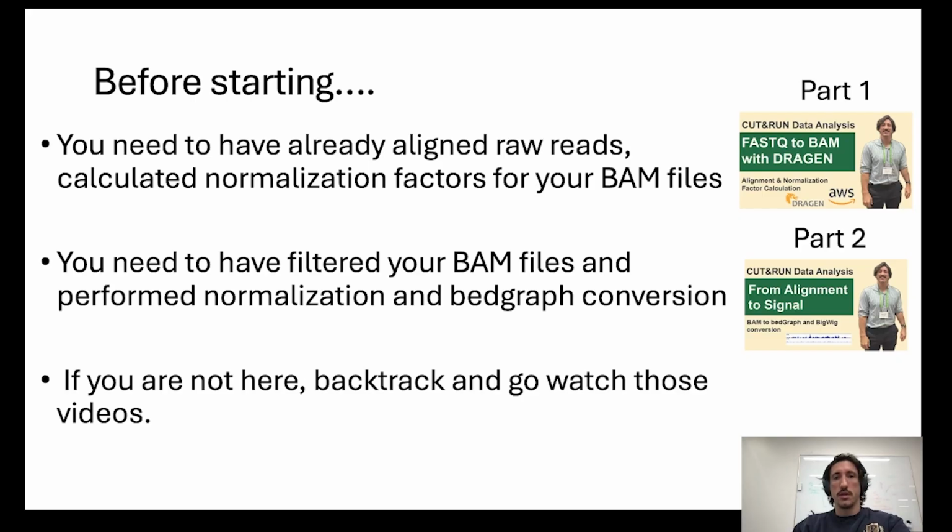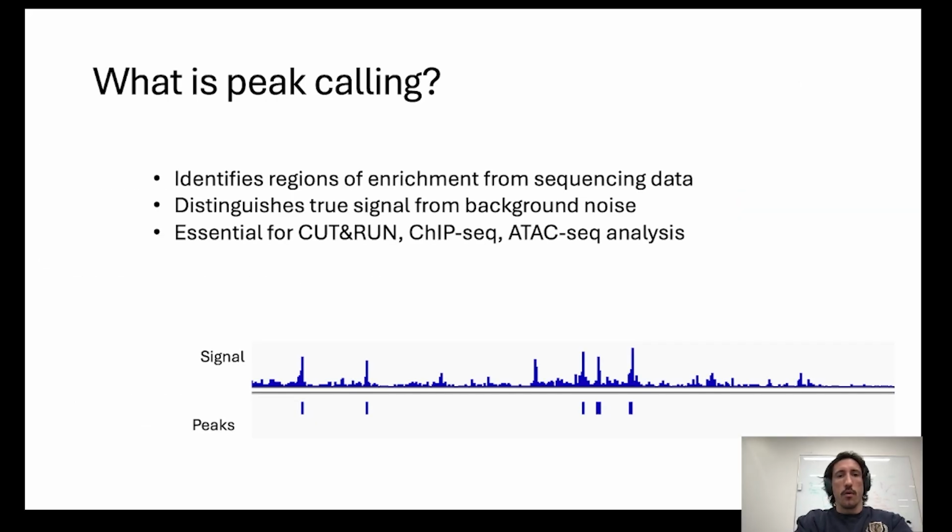So, if you are unfamiliar with peak calling, you may be asking, what exactly is peak calling? When you run a cut and run or ChIP-seq experiment, you get back millions of sequencing reads scattered all across the genome, but you don't want to know where these reads are mapped. You want to know where your protein of interest is actually binding.